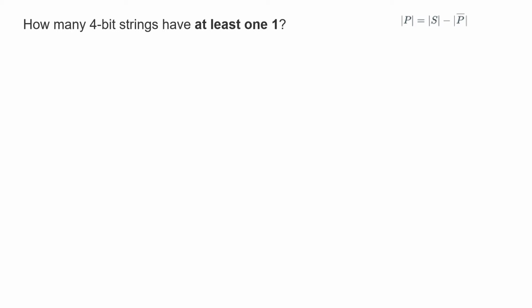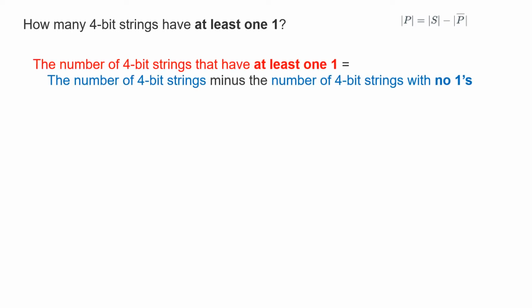So we'd have 4 digits all consisting of either zeros or ones. So we can use this complement property and say the number of 4-bit strings that have at least one 1 would equal the number of 4-bit strings in general minus the number of 4-bit strings with no ones. And we'll see that that ends up being pretty easy.